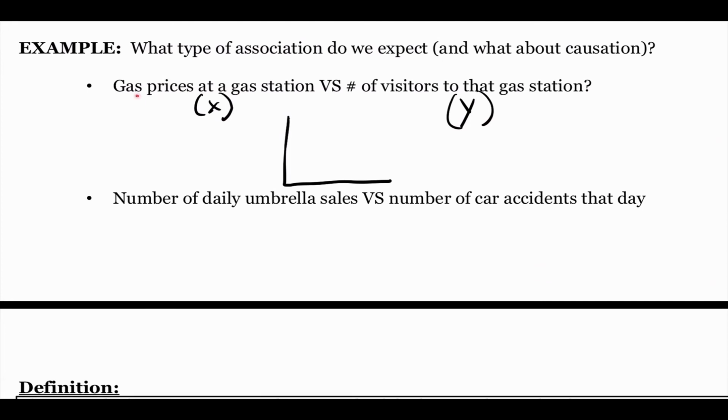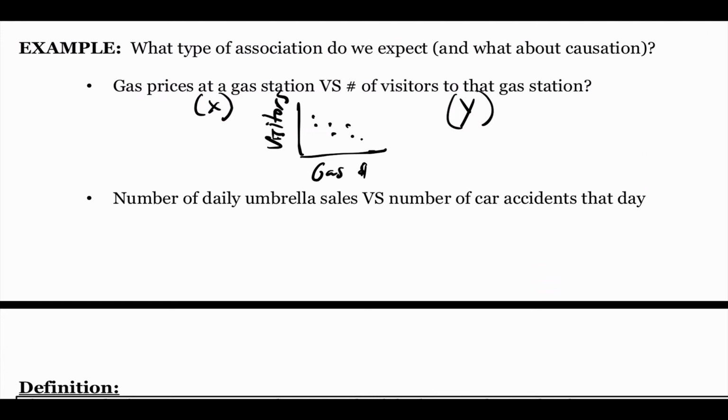So yeah, I would say as gas prices increase, let me draw this picture. So we would say this is gas prices. We would say this is visitors. I would expect to see something like this. Right? I would expect to see something like that.